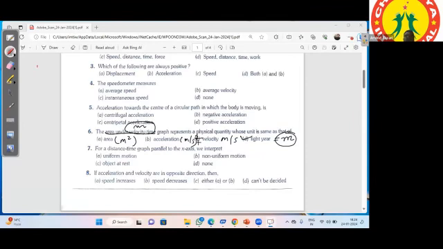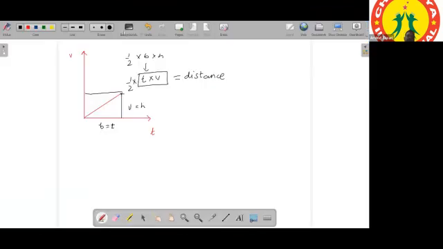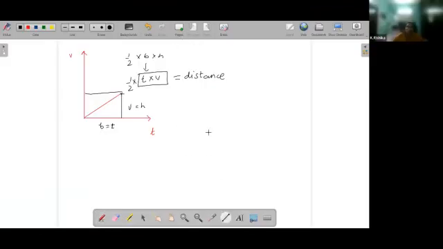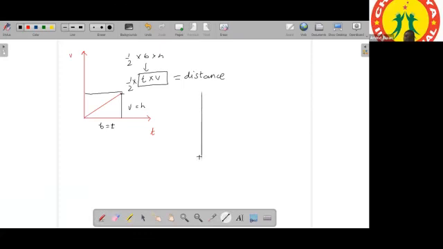Will it be uniform motion, non-uniform motion, object at rest, or none? Sir, uniform motion. Okay, see the graph.